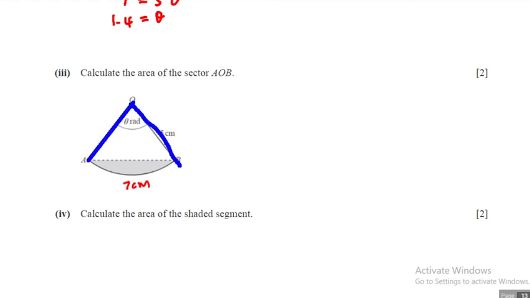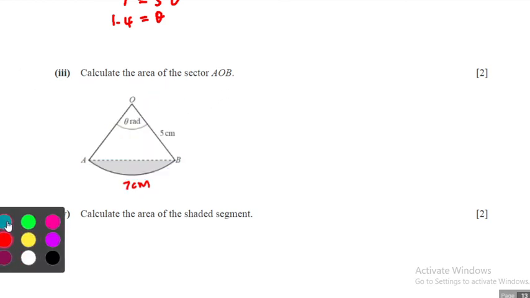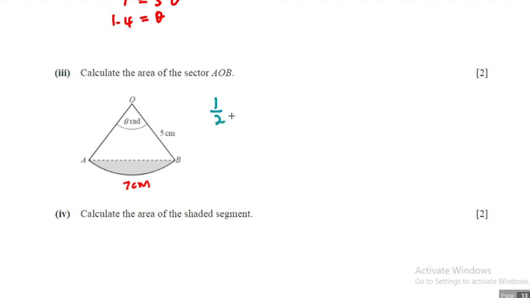You find the area of the sector, then we minus the triangle, right? So I will put it in one number sentence: area of sector minus area of triangle. Half r squared theta, which is 5 squared, theta is 1.4. Don't forget the square, right? Just now I missed my square. So 1.4, minus the triangle.